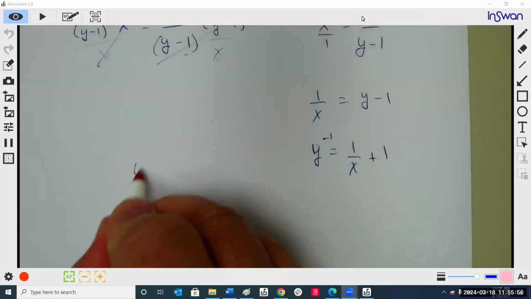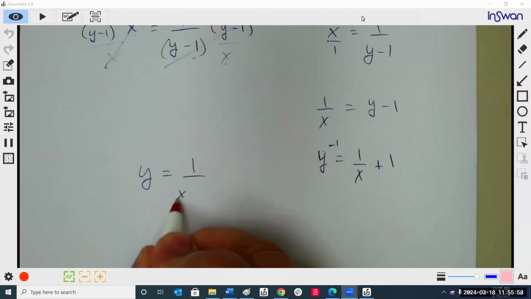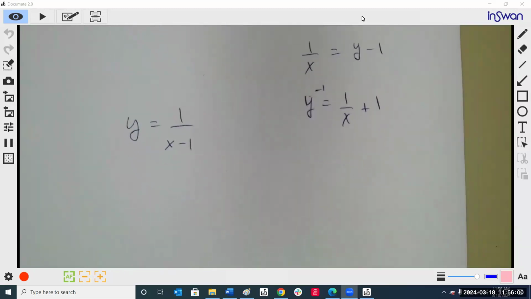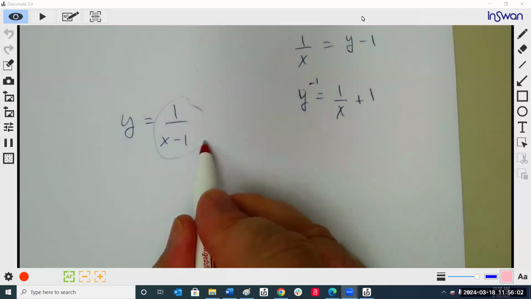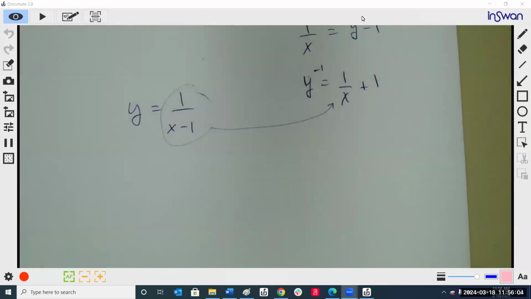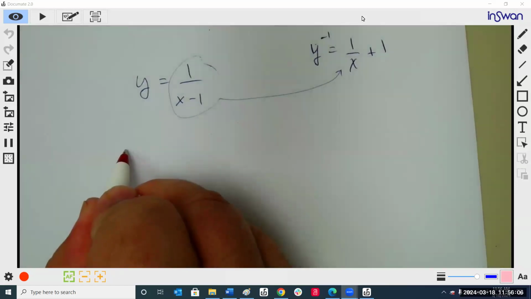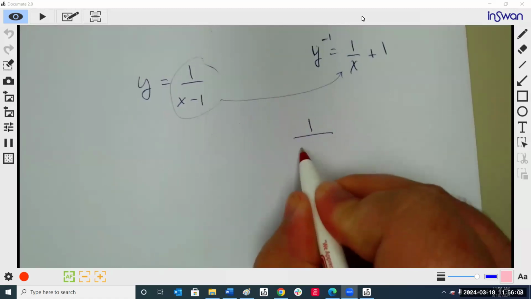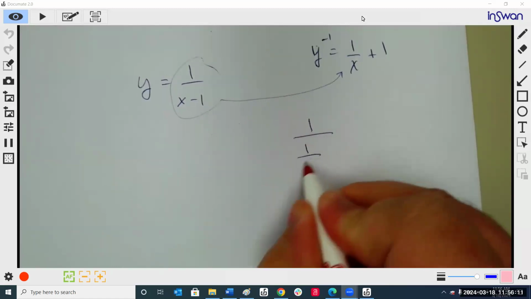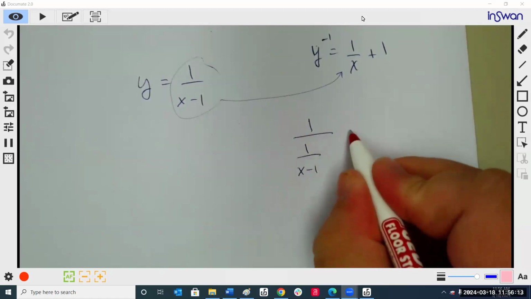Now we have to do the composite functions. Let's take this, put it in place of there. So we get 1 over 1 over x minus 1.